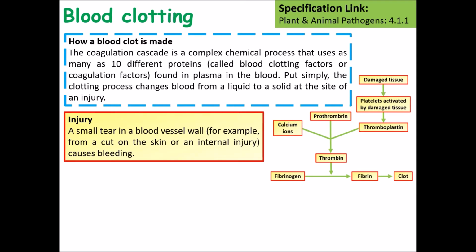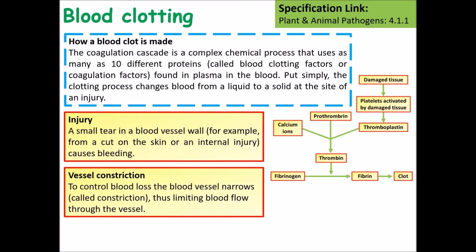So the first thing to consider is we start off with a small tear in the blood vessel wall, for example a cut or something like that that causes bleeding. This causes the vessel to constrict, narrowing and limiting the blood flow through that vessel, so excess blood isn't lost.